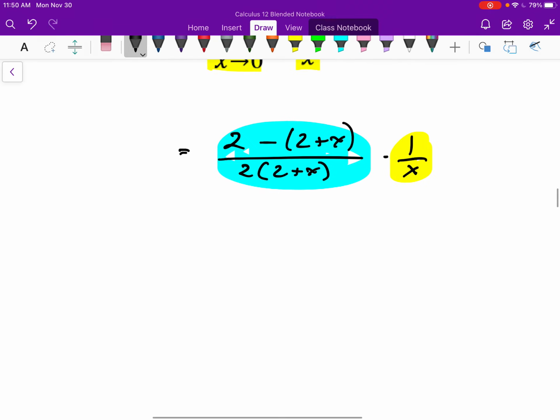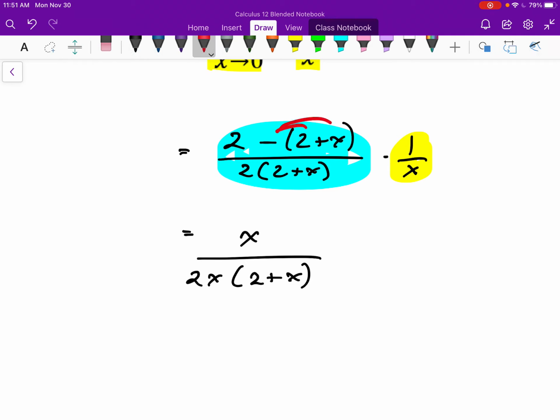But notice if I clean this up a bit, in my numerator, if I distribute the negative here, my 2's cancel out, and it should be negative x in my numerator, over 2 times 2 plus x. And my denominator, again, x. Well, at this point, my x's cancel out.